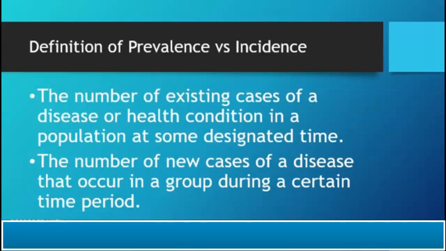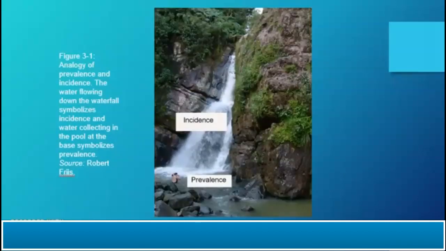Prevalence is the number of existing cases of a disease or health condition in a population at some designated time, versus incidence, which is the number of new cases of a disease that occur in a group during a certain time period. That's the difference between prevalence and incidence.